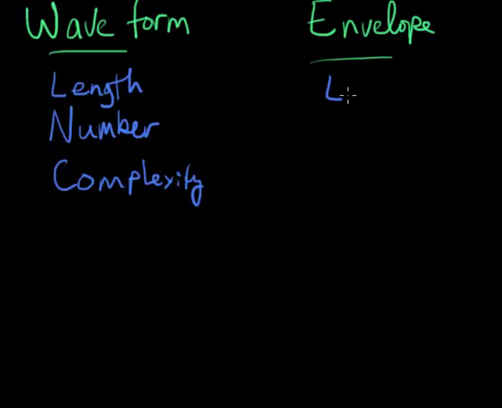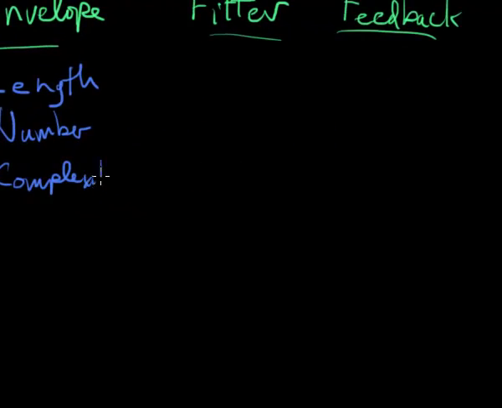And under envelope, I could still have the same three pretty much: length, number, and complexity. And then under filter, I still had number and complexity.